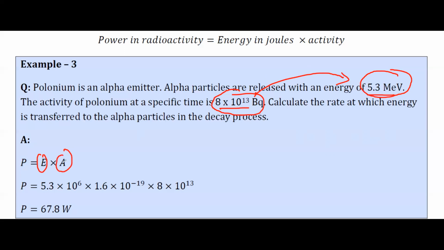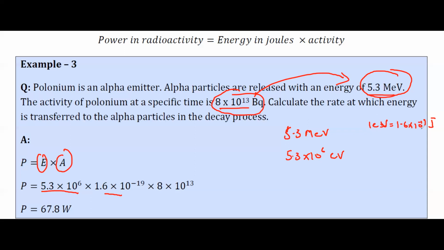So energy of one multiplied by activity, but this energy must be in joules, so we have to convert mega electron volt into joule. 5.3 mega means 10 power 6, so it will be 5.3 into 10 power 6. And 1 electron volt is equal to 1.6 into 10 power minus 19 joules.